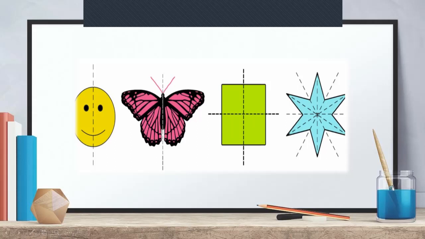So we can make at least 6 symmetrical lines from this star. Looking at this, we have 1, 2, 3, 4, 5, 6 sides. From that, we can cut 6 lines to form symmetrical lines. So this is also an example of balance, which is symmetrical.